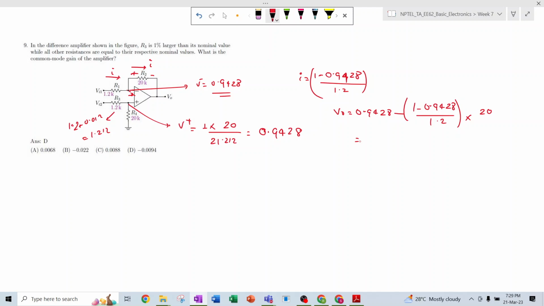So let's see what value comes. 1 minus 0.9428, divided by 1.2, into 20, then 0.9428 minus that.